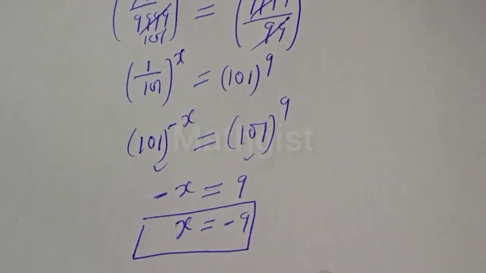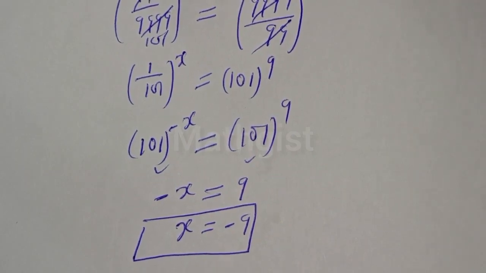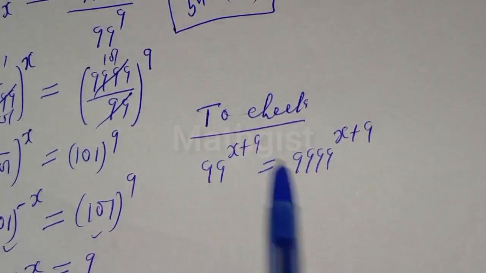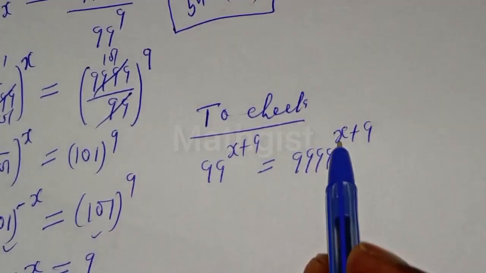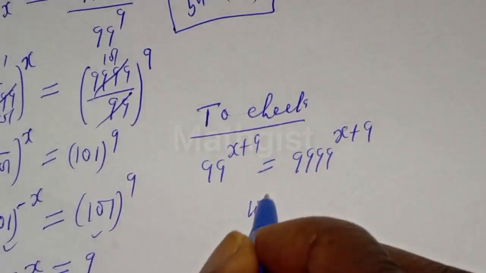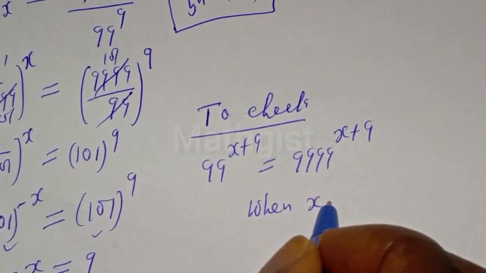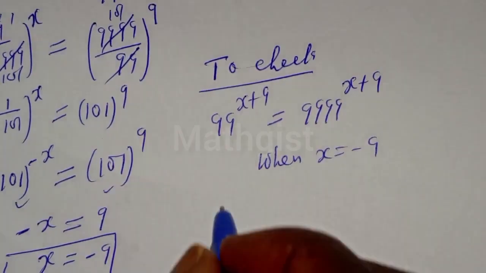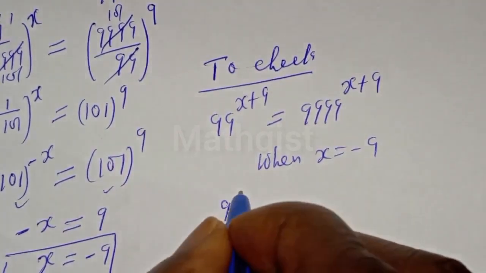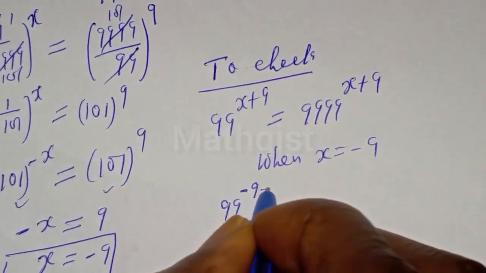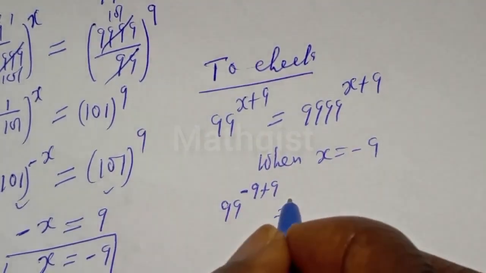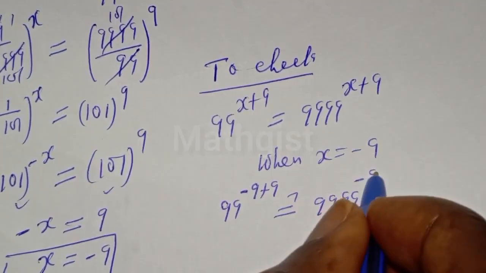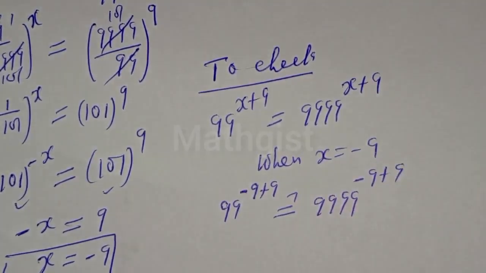We can check to confirm if our answer is right or wrong. Let's check. 9 raised to power s plus 9 is equal to 99 raised to power s plus 9 when s is equal to minus 9. Then here is 9 raised to power minus 9 plus 9 must be equal to 99 raised to power minus 9 plus 9.